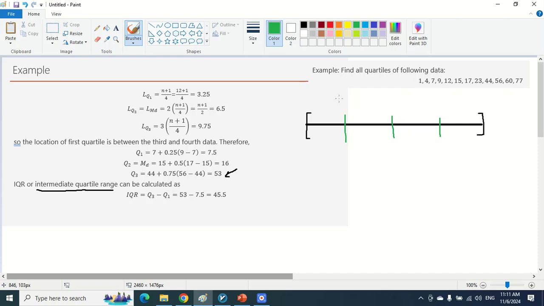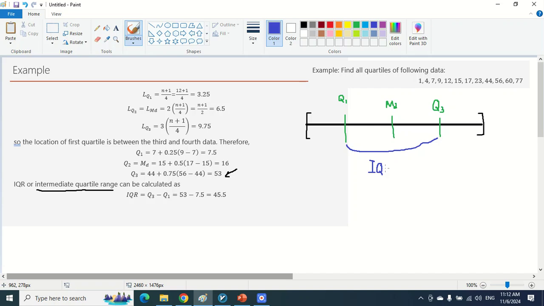This is Q1. This is the median, or Q2, which is located exactly in the middle, and we have Q3 over there. The interquartile range determines the difference between Q3 and Q1. Indeed, this IQR determines the main part of the data.